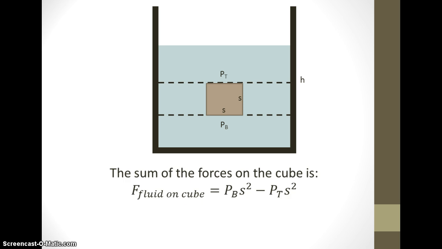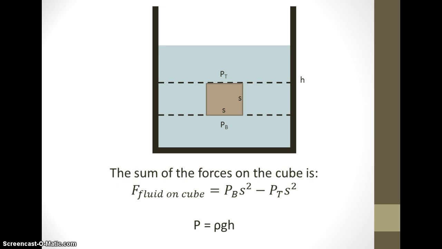So when we go to make a sum of the forces equation, the sum of the forces that the fluid exerts on the cube is equal to the pressure at the bottom times the surface area at the bottom minus the pressure at the top times the surface area at the top.